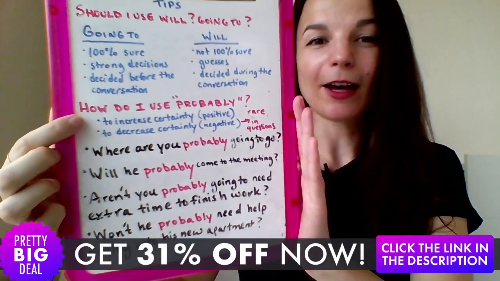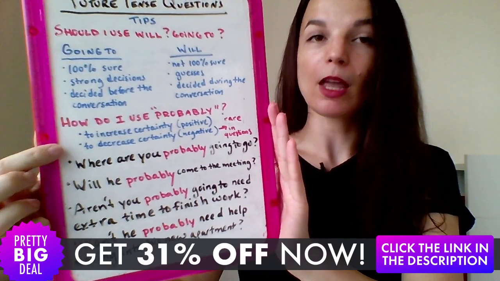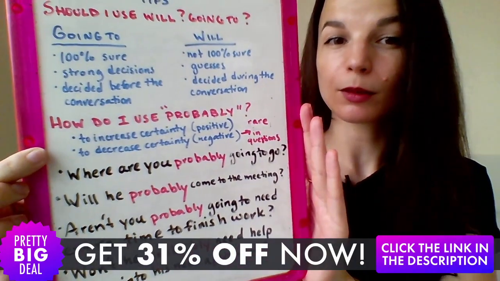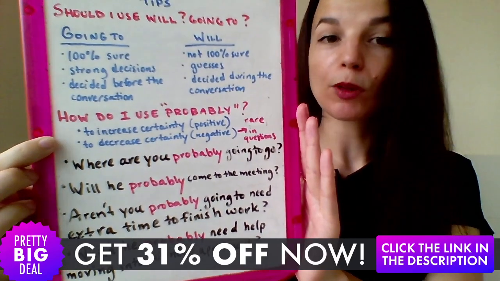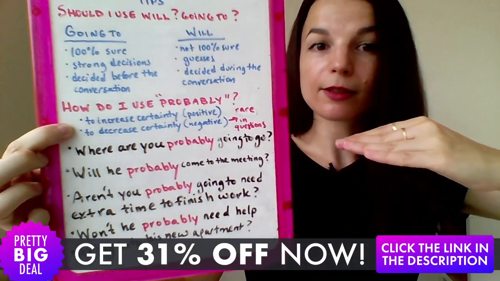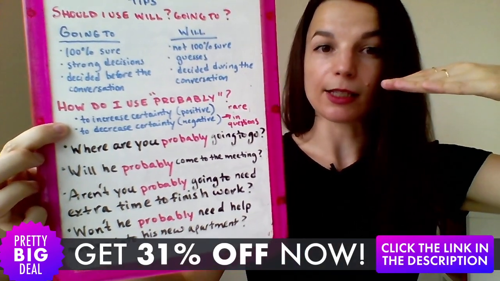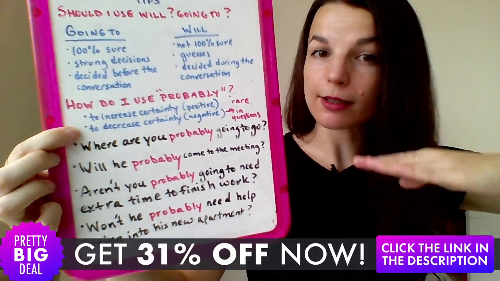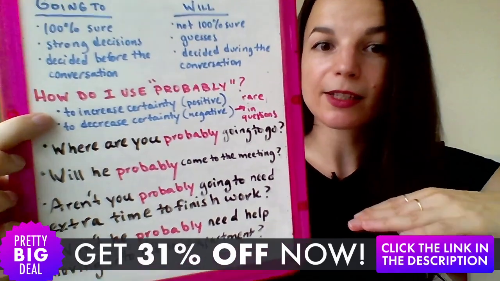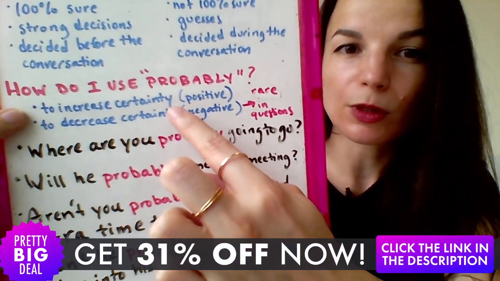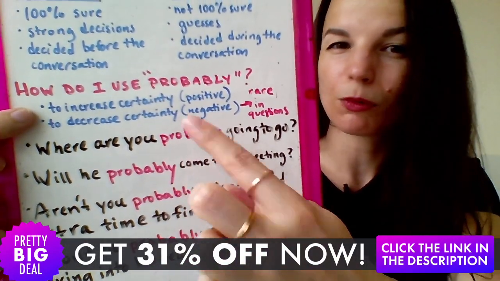Okay. Last point for today is about probably. We use probably to increase certainty in positive sentences and to decrease certainty in negative sentences. So certainty, what is certainty? This word here, certainty. To decrease certainty or increase certainty. What does that mean?